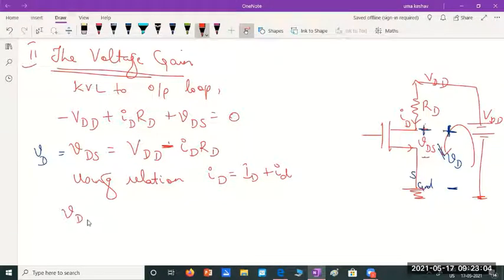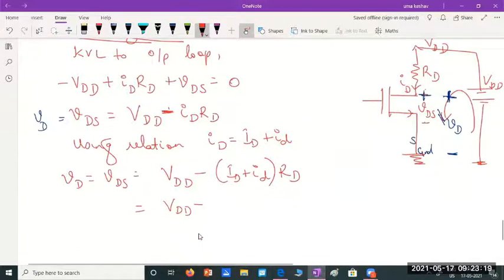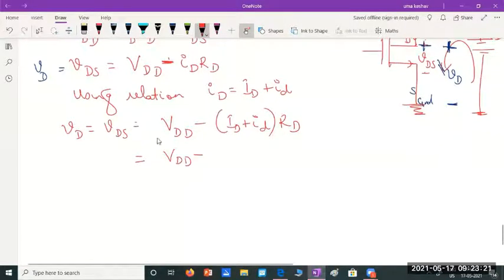I'll get VD or VDS is equal to VDD minus ID plus small id into RD, or VDD minus capital ID RD minus small id into RD if I multiply. And can you tell me what does this represent?